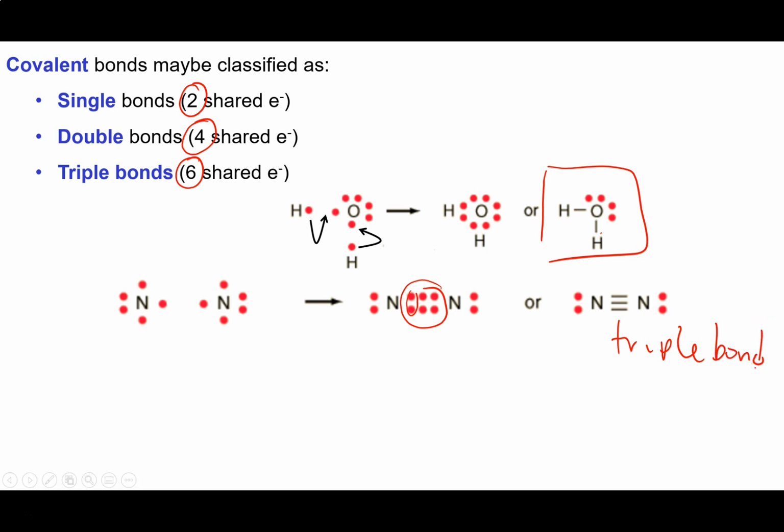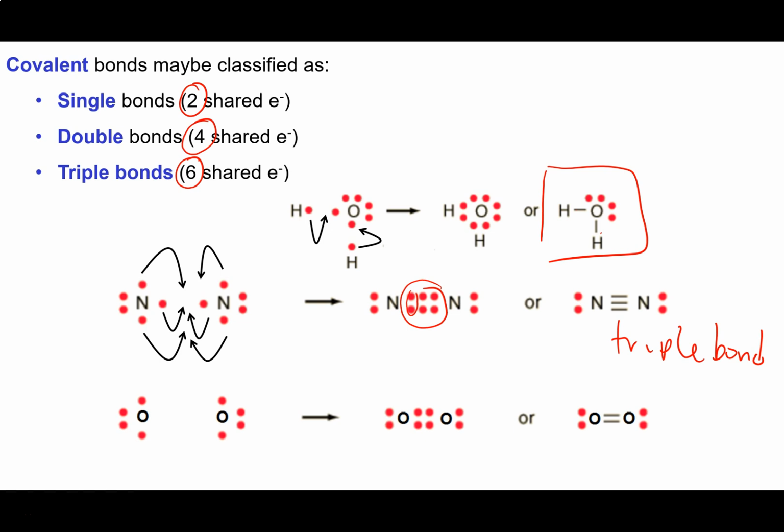When we go to something like oxygen, O2, each oxygen atom is in group 6A and has 6 electrons around it.